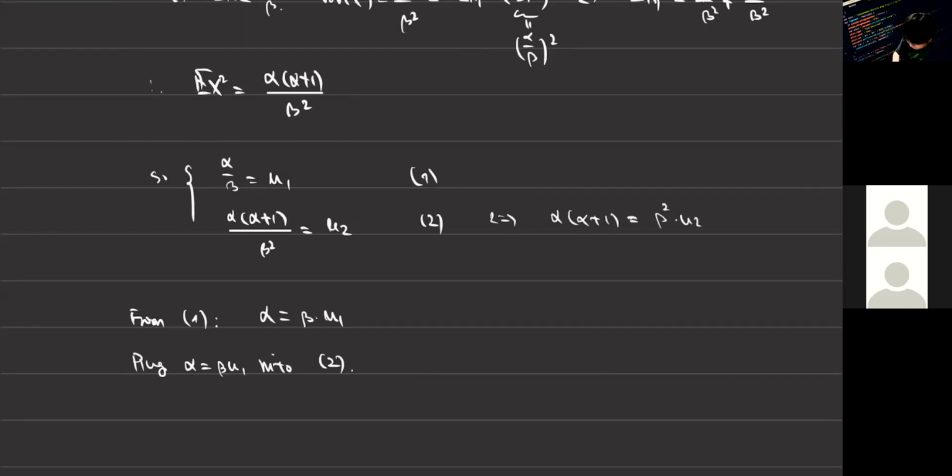All right, so left hand side, I have this, but since I'm replacing alpha with beta mu1, I'm gonna have beta mu1, right, square plus beta mu1 equal to beta square mu2.